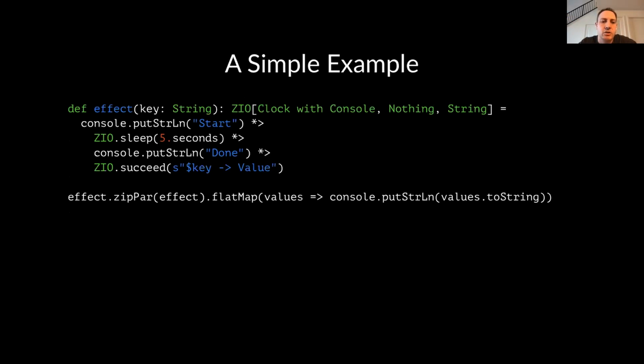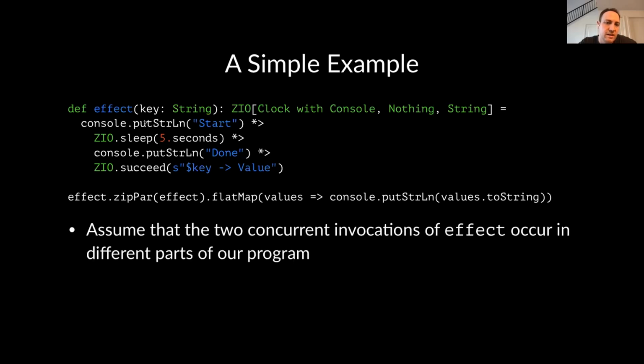And what we're going to imagine doing is we're going to call this effect twice in parallel, and then we're just going to print the results. This example is obviously a little bit trivial, but what I want you to imagine is that this computation is being called potentially in 2 very different parts of our program at the same time. Maybe this is in one segment of our application, this is in another segment that's running at the same time, and maybe this is being called 5 levels down in that application.